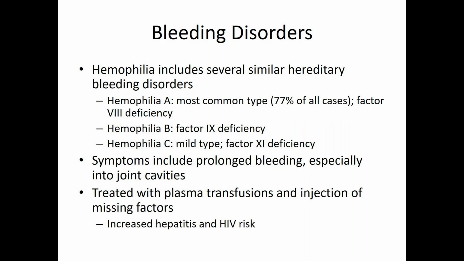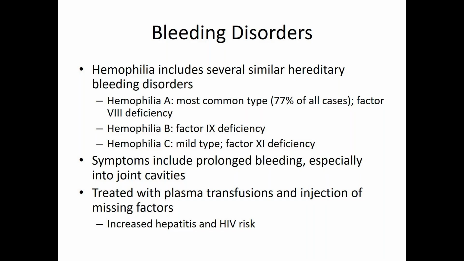And then finally, probably the one that is most familiar to you, at least in terms of a pop culture sense, these are the hemophilias. There's more, but there's basically three kinds of hemophilia. They're all hereditary, they're genetic disorders. And they're slightly different in terms of which clotting factor you don't produce.